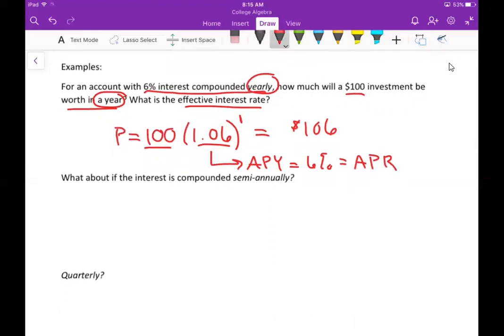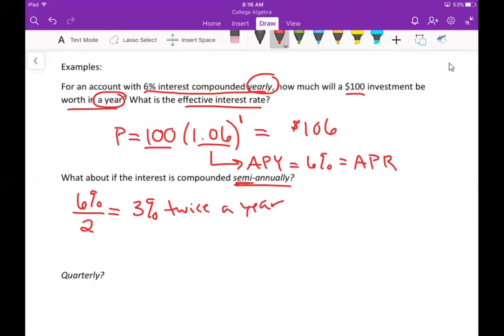But what if we just start doing it a little bit more often? What if we compound this same interest, this same account, and all we change is that we're going to compound it semi-annually? Okay, so then here's what happens. I take that 6% and it gets divided in 2 since I'm going to do it semi-annually, which means twice a year. So I'm going to get 3% interest twice a year.